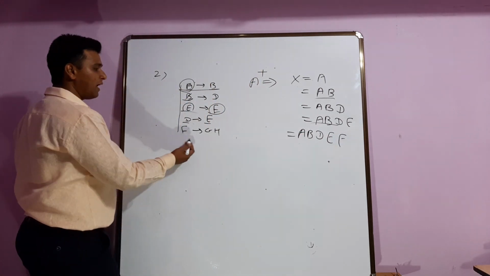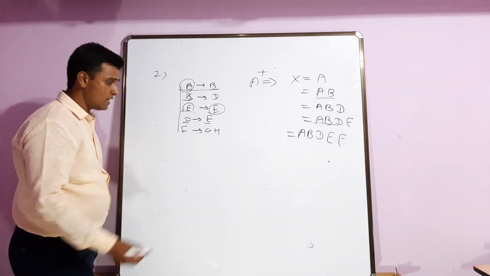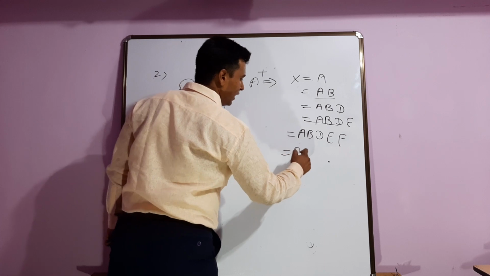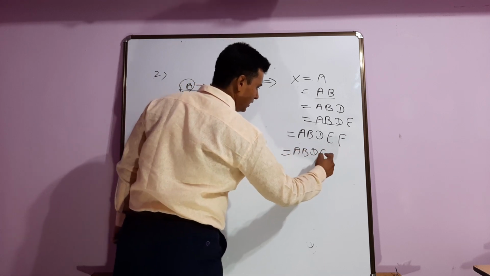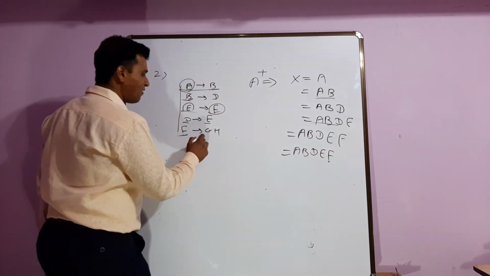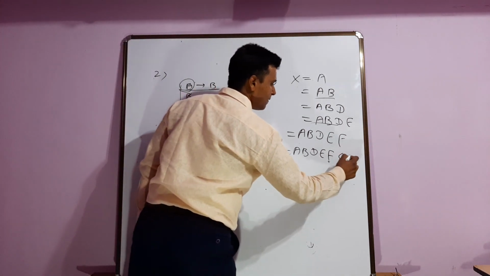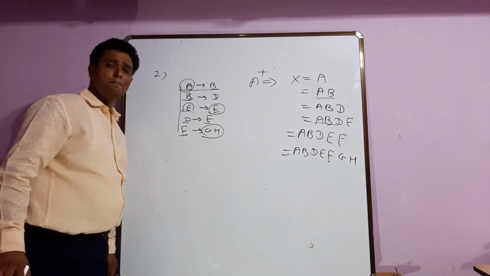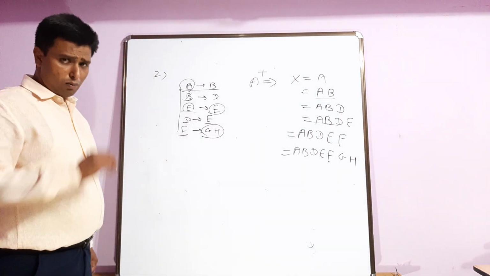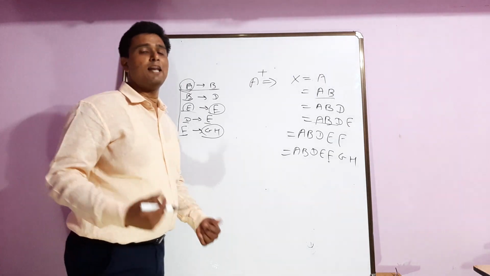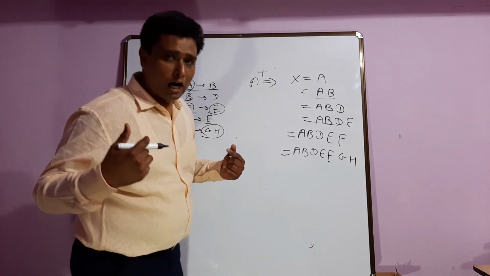Now can you get F on the left hand side? Yes, we are getting F on the left hand side. So we again add F: A, B, D, E, F, and F determines GH. That's why we add GH here. Very simple technique, but this technique is very powerful for finding out, again I am telling, the primary key and candidate keys.